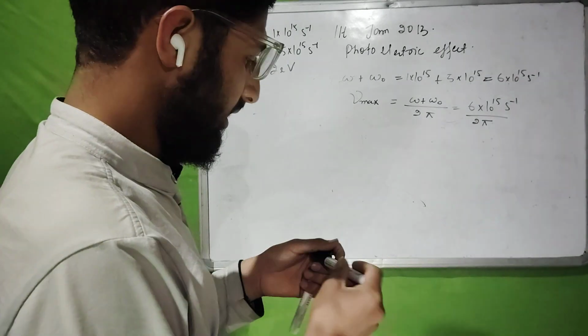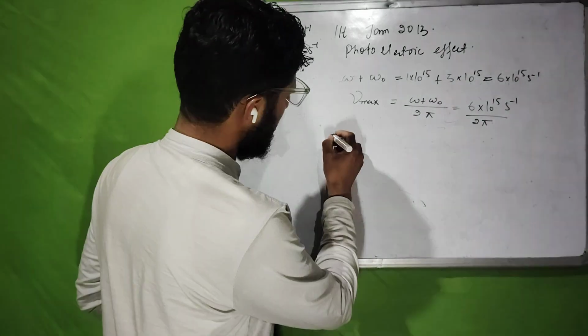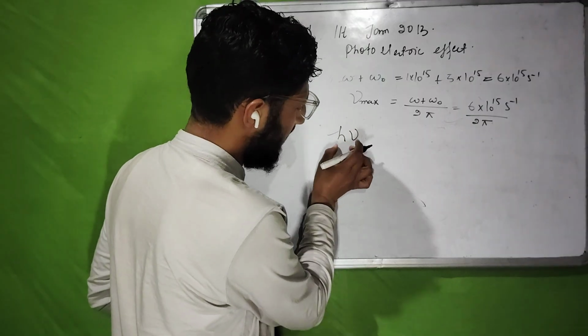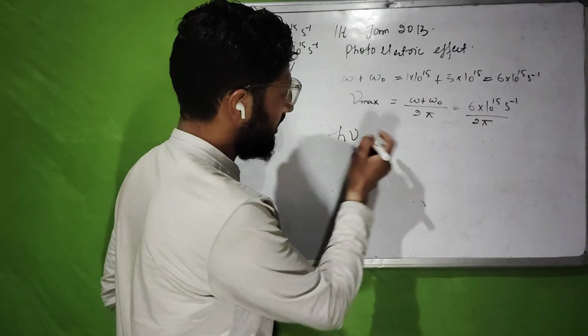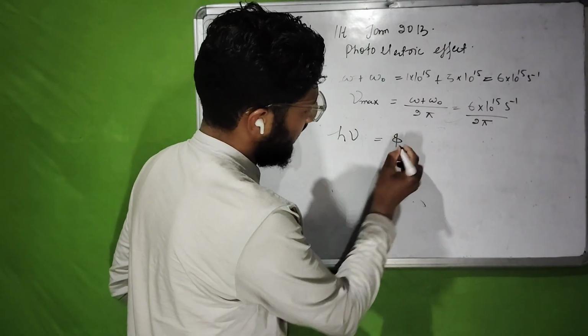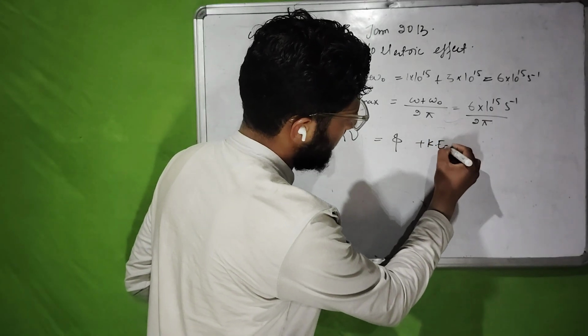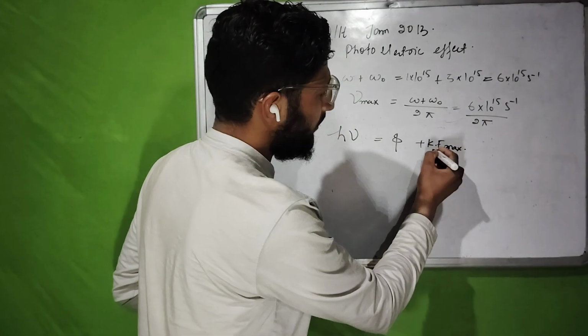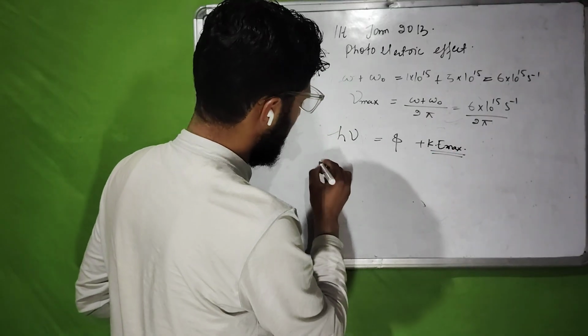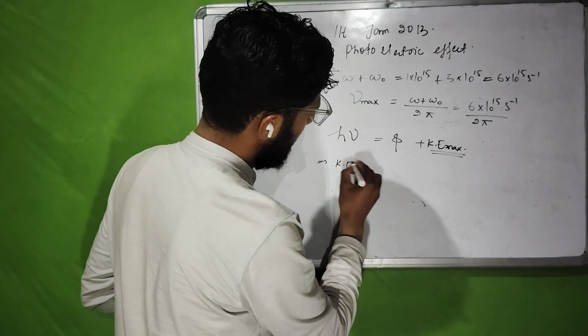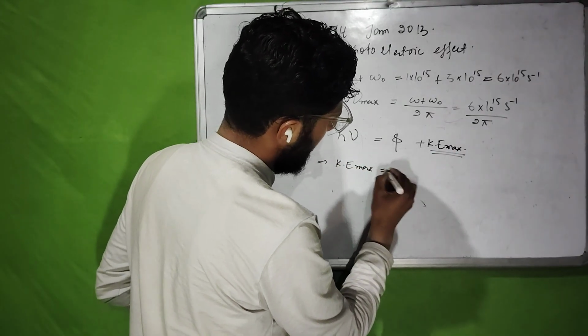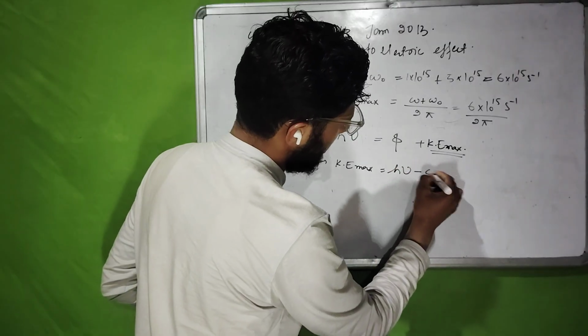Since we know Einstein's equation, h nu, which is the incident radiation energy, is equal to psi, that is the work function, plus kinetic energy max. So we have to find kinetic energy max, which will be equal to h nu minus work function.